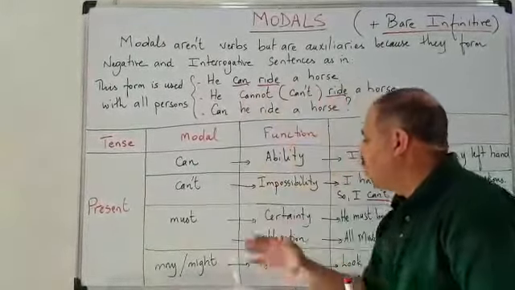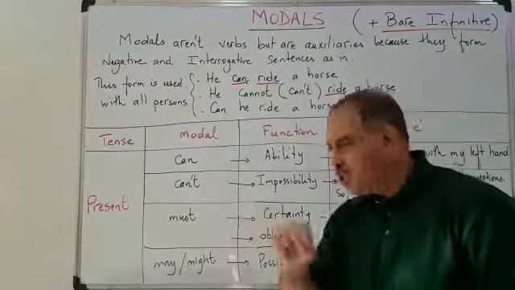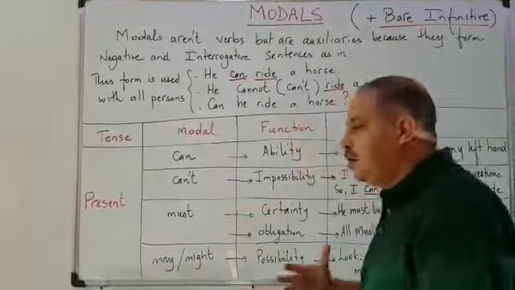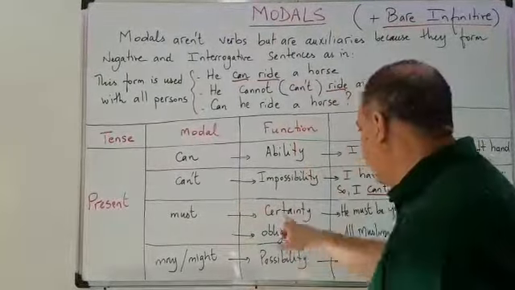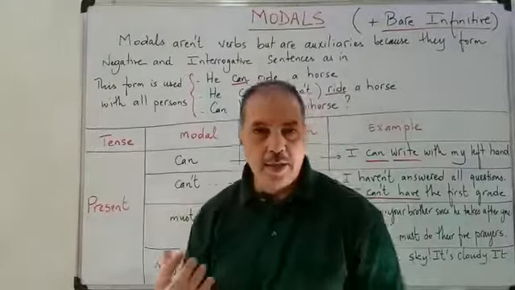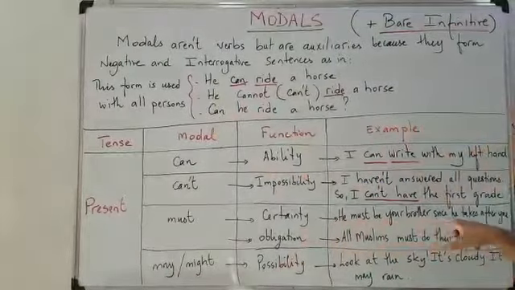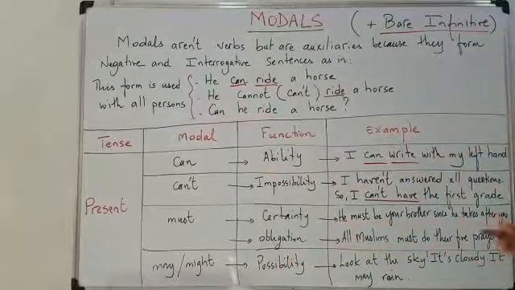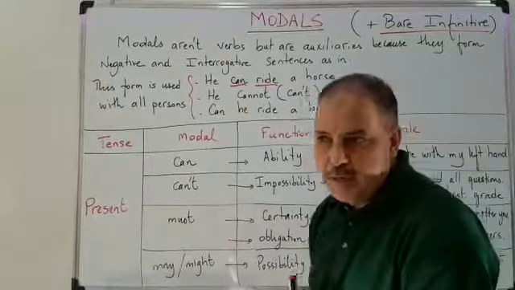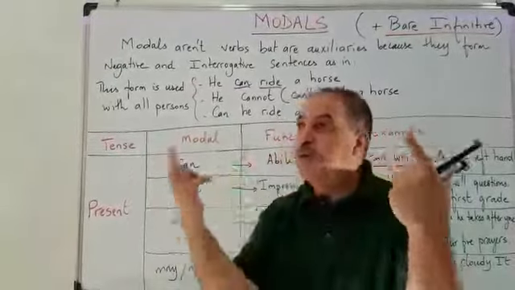So must, as you know, can have two functions. The first one is certainty in the present and obligation in the present. Let's see the first, certainty, أو اليقين. He must be your brother since he takes after you. المثال كي قلنا أكيد هاد الشخص هذا هو الأخ ديالك لأنه كيشبه لك بزاف.